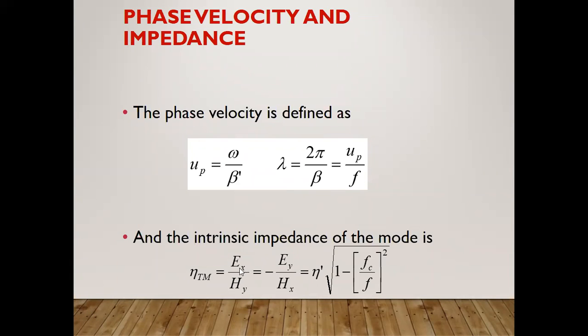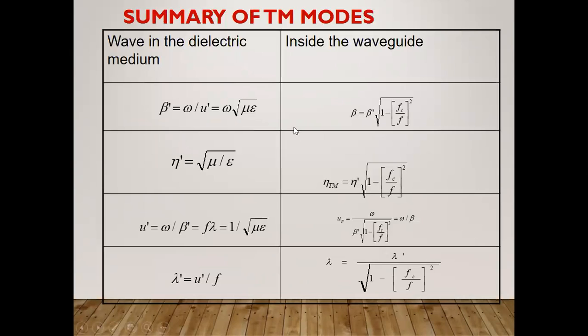See here, if E is in the x direction and H is in the y direction, definitely the other will be in the z direction, in the resultant form. Likewise, you can easily find the parameters. This is nothing but the summary of the TM mode. Why am I writing the summary here? It shows how the wave behaves in a dielectric medium versus inside the waveguide.